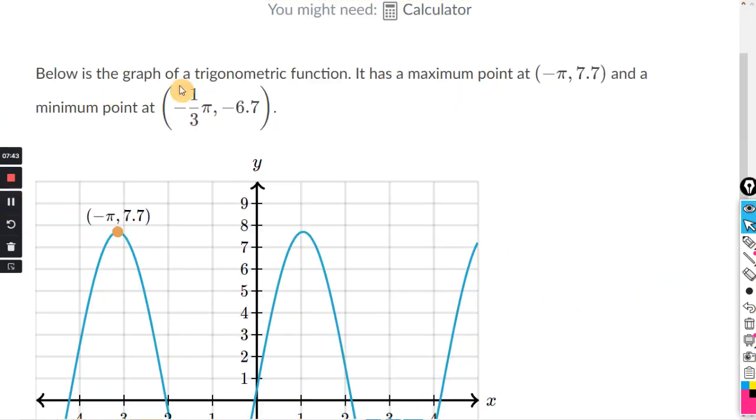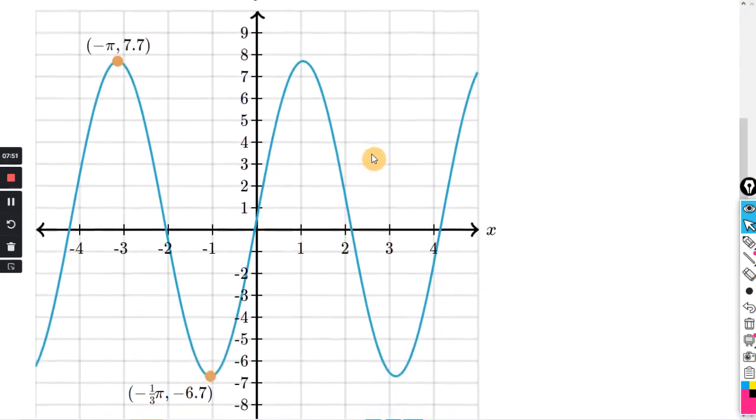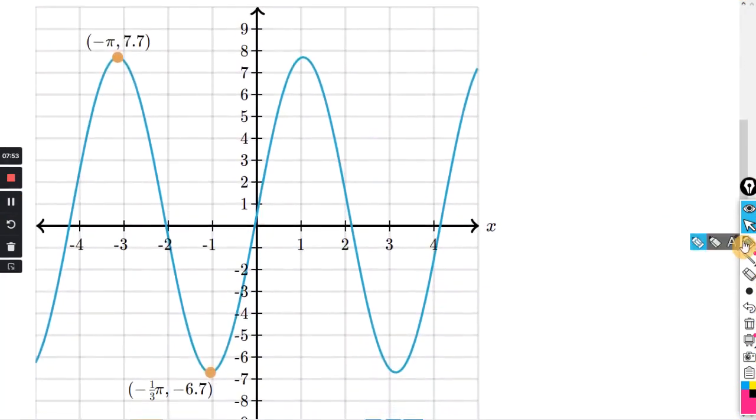All right, below we have our function. Max point is this coordinate, and minimum point is this coordinate, and it's written right on the graph. So it's very easy. We're looking at the y-coordinate here, this is the max, and the y-coordinate here, this one is the minimum.